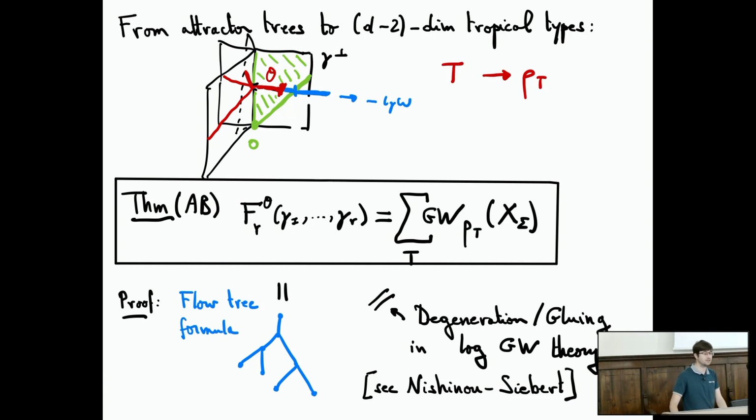May I ask a question? Yes. The left-hand side depends on the quiver, no? You have a quiver, and then you define this F_r. Yeah, that's right. And on the right-hand side, X_sigma is determined uniquely from the quiver? Yeah, that's right. X_sigma is really cooked up from this form omega, which is determined by the quiver.